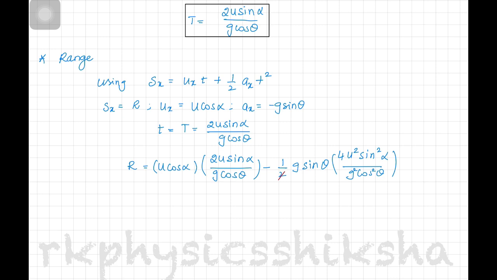So from which I can cancel 2 here, and g and square get cancelled out.